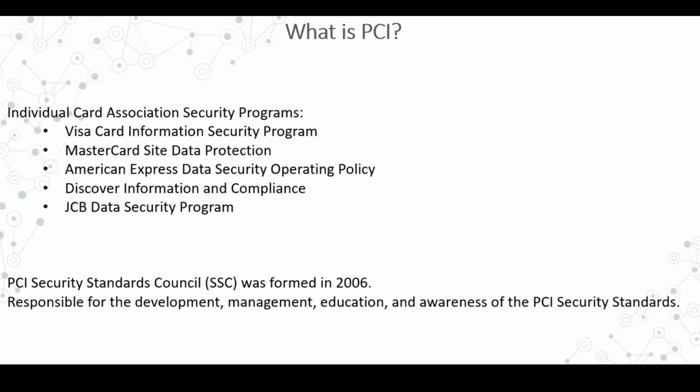If one entity wanted to do business with all five payment brands, which were the major ones, and in the last year they have added China UnionPay as well in PCI. But I will talk about the major five: Visa, Master, Amex, Discover, and JCB. If a bank wanted to produce these five cards, they had to go for an audit each and every time.